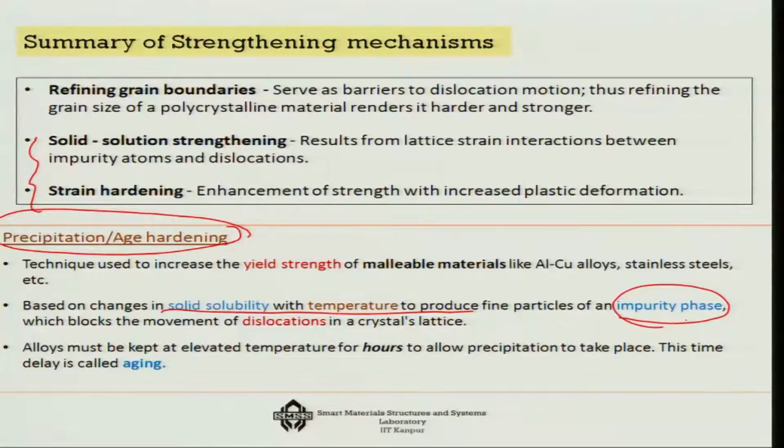So, this changing of the solubility with temperature and later allowing more time for the grain growth is known as aging. So, age hardening and precipitation hardening go hand in hand. This is another mechanism for controlling the hardening of a pure metal.